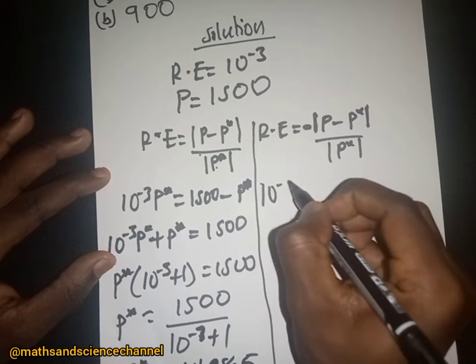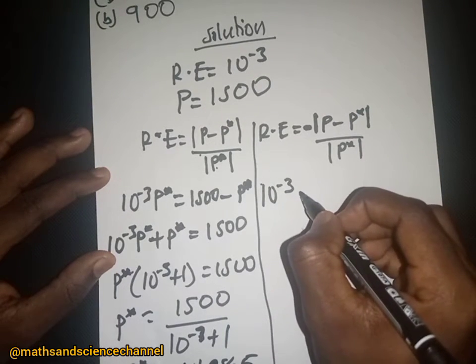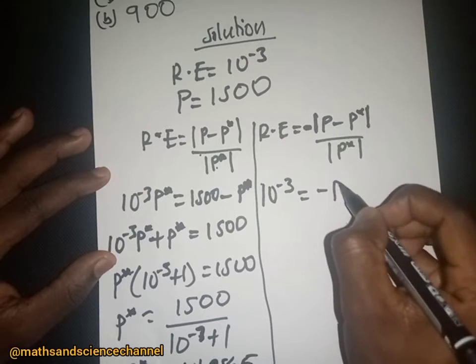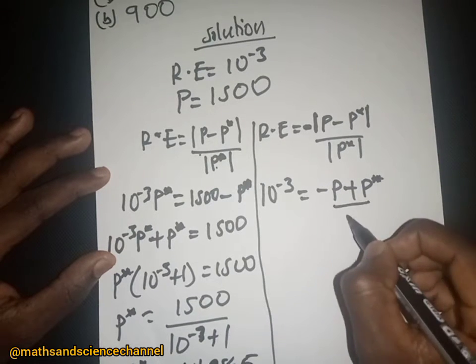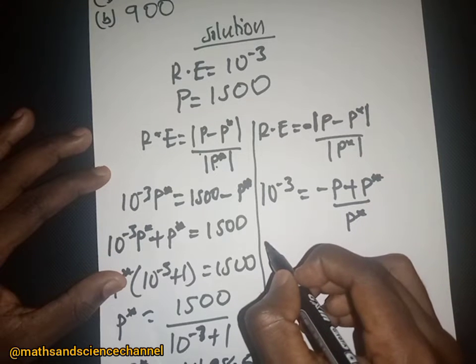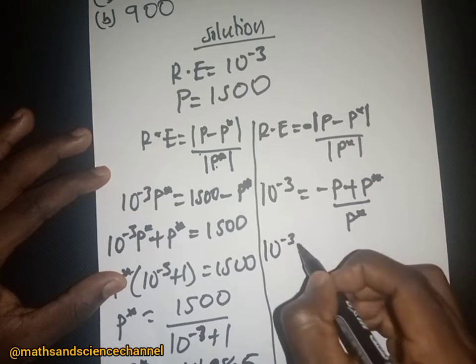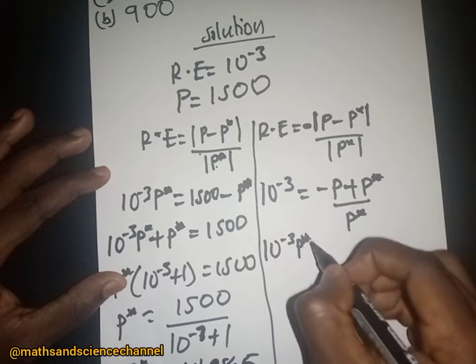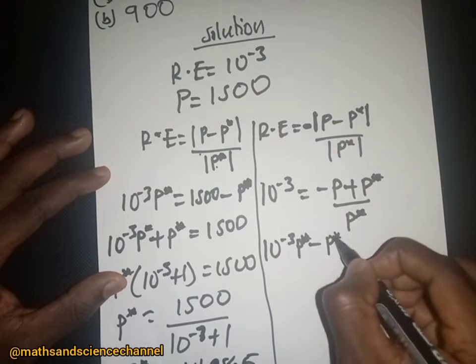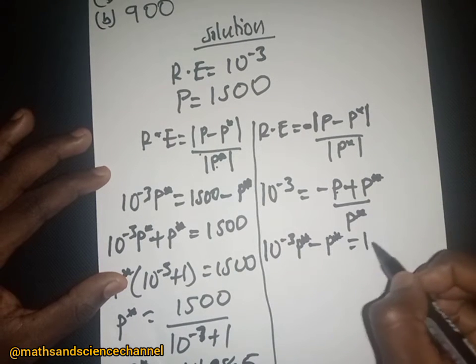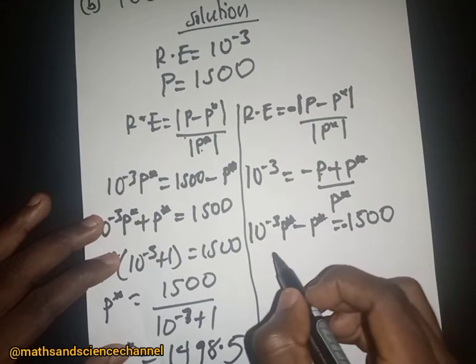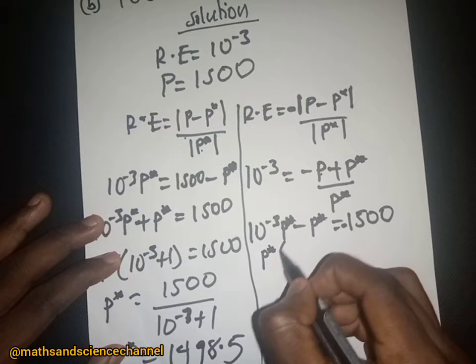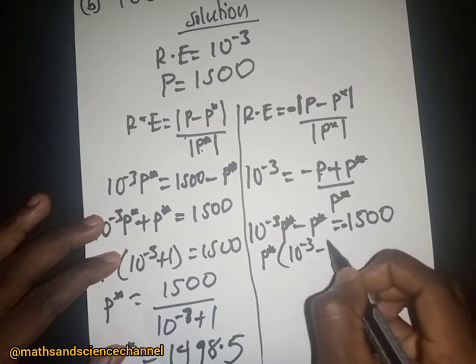Now let's look at this part. We have 10 to the power minus 3 equal to negative P plus P star, divided by P star. So we have 10 to the power minus 3 P star, then P star becomes negative, and P here is negative 1500. Now P star will be negative 1500 divided by 10 to the power minus 3 minus 1.